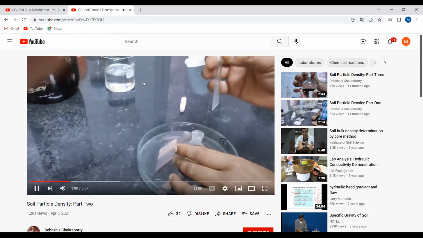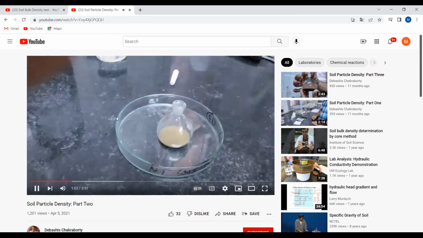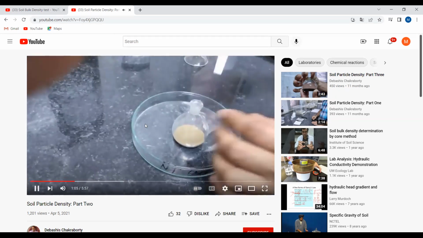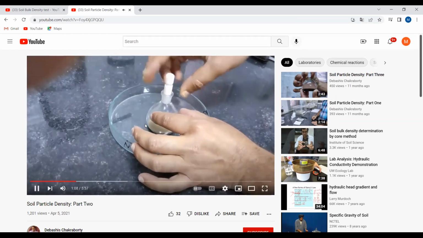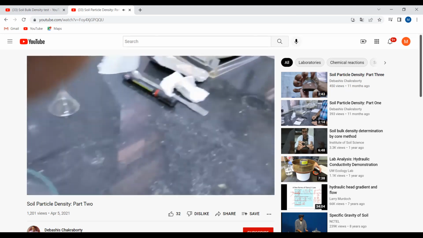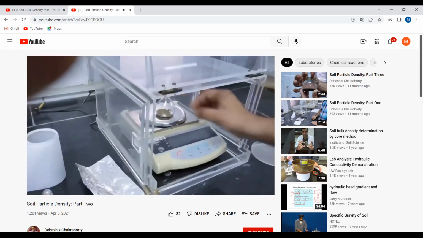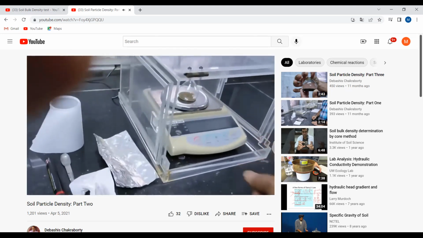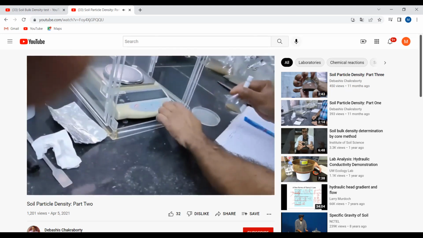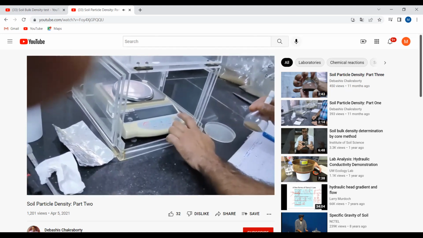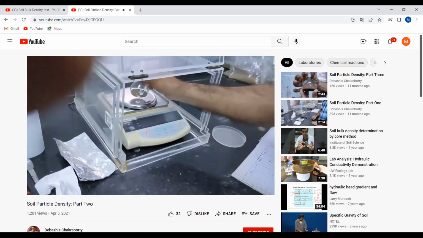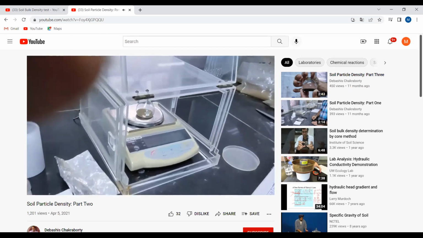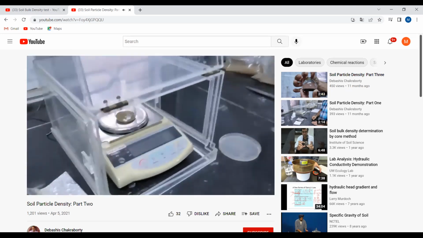Now, as you see, the soil has been transferred, so you place the lid, and now we have to take a weight. Why are you taking the weight? Because while you are transferring the soil, there may be some soil which has fallen outside.